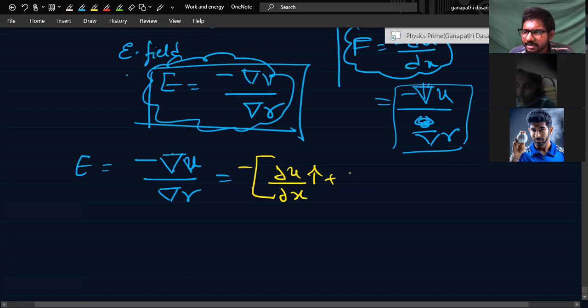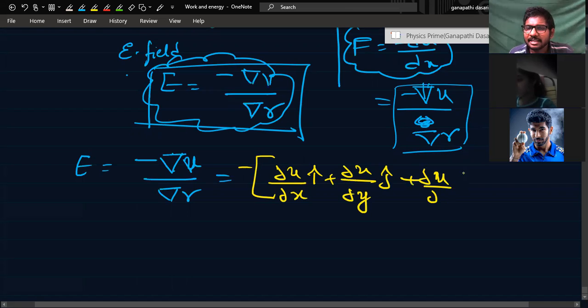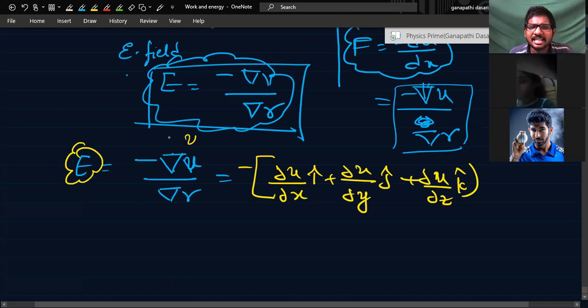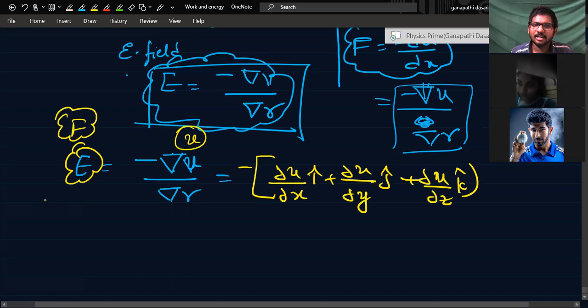Are you getting whatever I am teaching now? Dou V by dou y j cap, dou V by dou z k cap. This will give you the electric field. Suppose if it is potential energy, then it will give you the electric force. So that is why you see F is equal to EQ, U is equal to VQ.